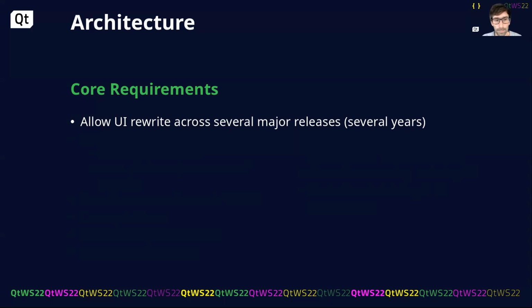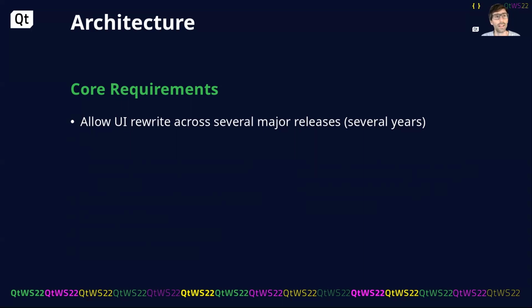But even if we just look at the major releases, it is impossible to rewrite everything, to do the integration and do the rewrite inside of 1 year. So that is completely impossible.